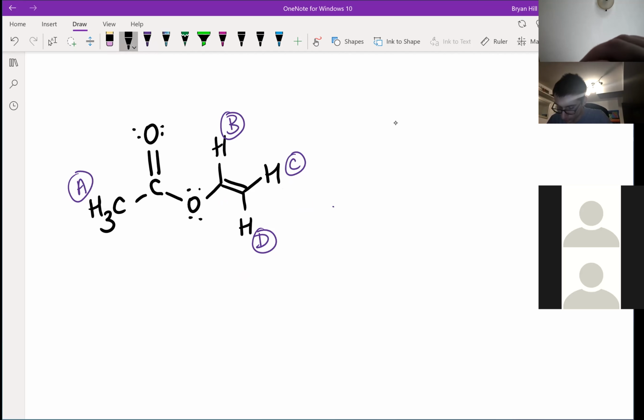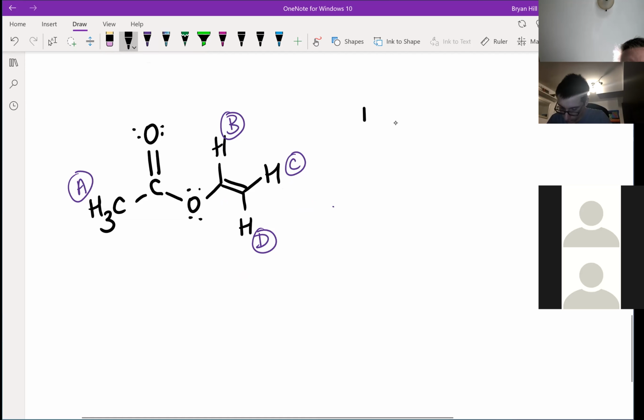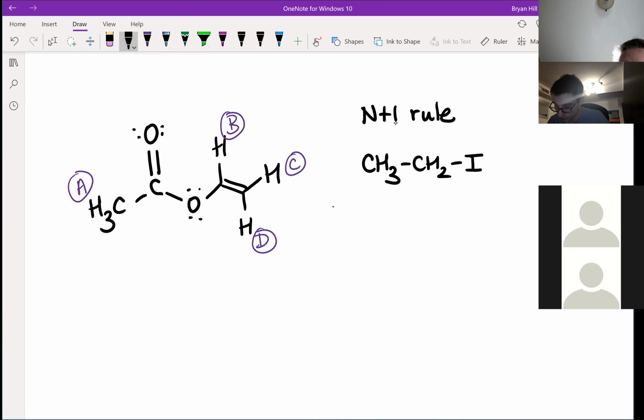Now we have the N+1 rule. If you are these protons here, you've got 2 neighbors. And if you are the protons here, you've got 3 neighbors.